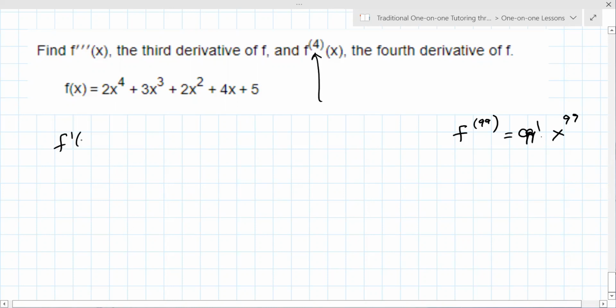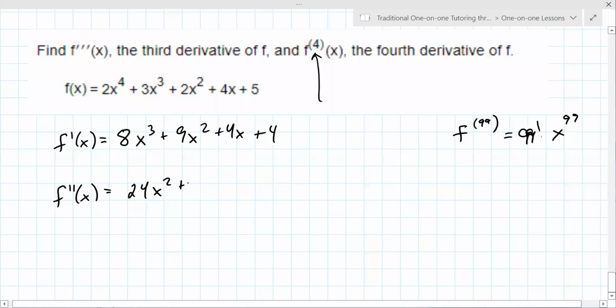For us, we just need to take a first derivative and continue using our power rule. You're just bringing that exponent down each time, multiplying, subtracting the exponent by 1, and then we do it again here. Notice the constants get knocked off each time.